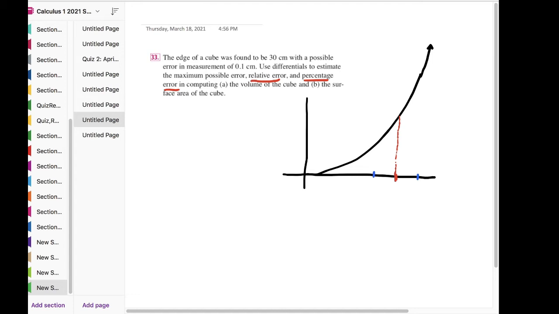Let's first do the volume of the cube. Just a reminder, what's the volume of the cube? No pi for this.